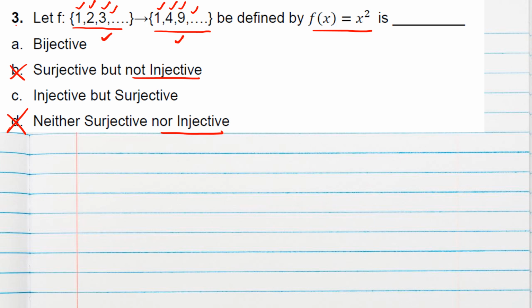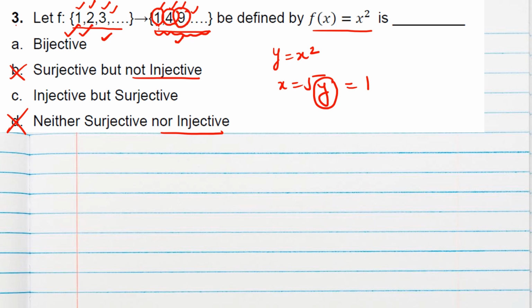Now, in the surjective case, y is equal to x square and x equals root y, where y belongs to this particular set. So if I take y as 1, root 1 is 1, it is there. If I take 4, root 4 is 2, it is there.